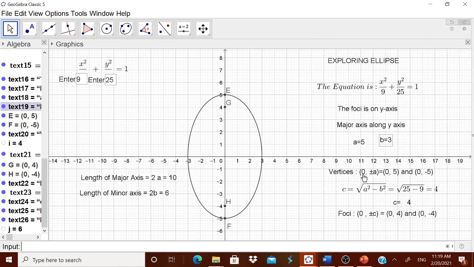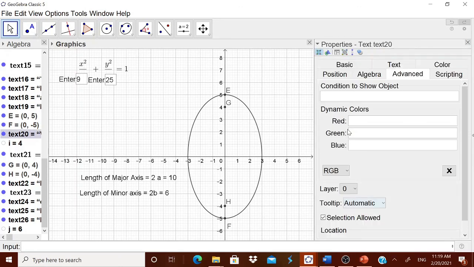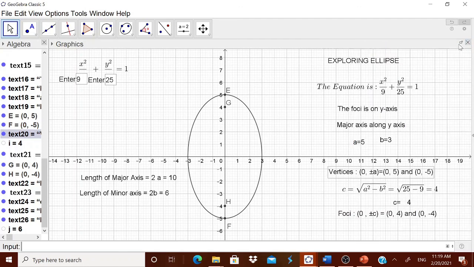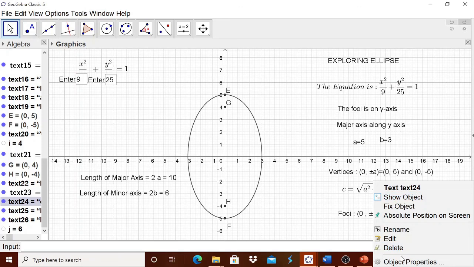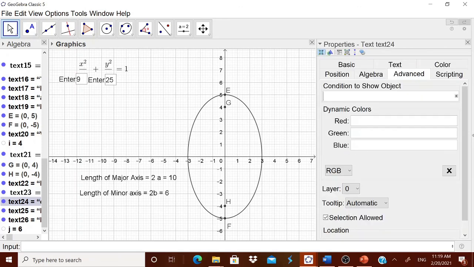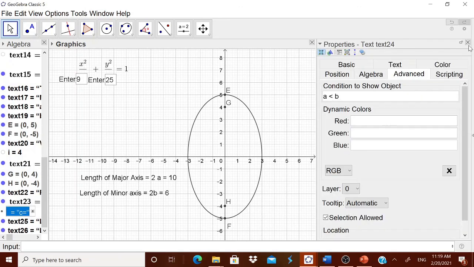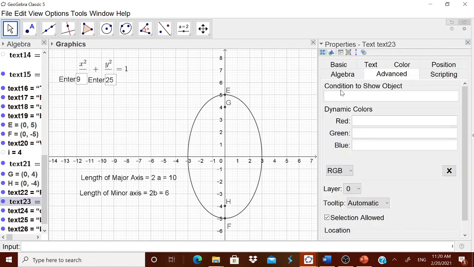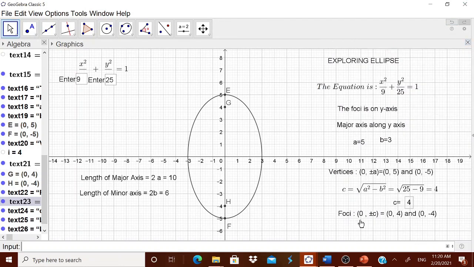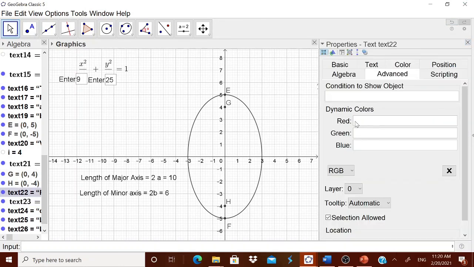Actually the intention of this single worksheet is for your children to express it when they are changing the number. They go on changing the number, and immediately both of them should be visible to them. Here also A is less than B. The condition for all the text which is shown to you should be A is less than B, all of them, because foci will change, everything will change.